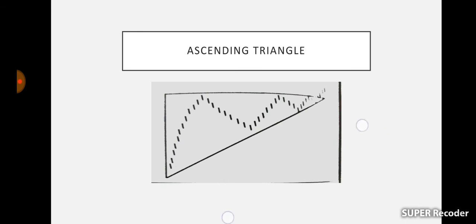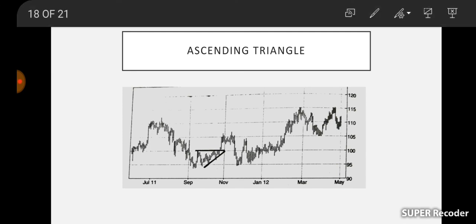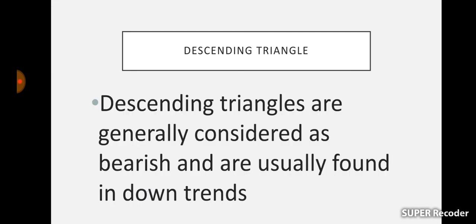Okay. And this is an ascending triangle. And descending triangles. Descending triangles are generally considered bearish and are usually found in downtrends.